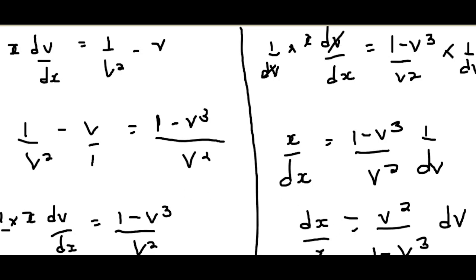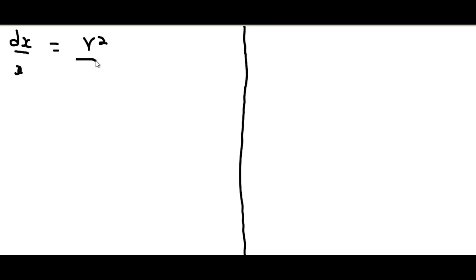So let's continue solving it. When we're left with it like that, let me write it here again. dx over x equals v squared over 1 minus v cubed dv.